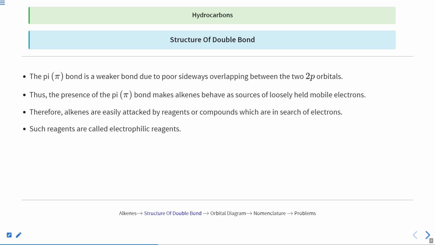Of course, we know from chemical bonding, from valence bond theory, that the greater the extent of overlap, the stronger the bond.